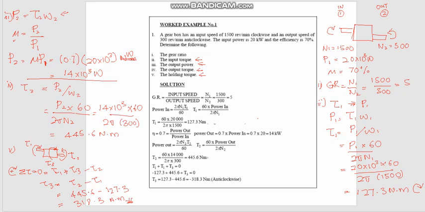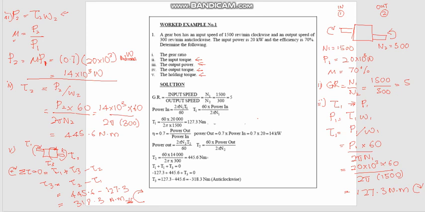So tau 3 is 318.3 Newton meter, and since this is positive, it indicates that the assumption we made, that tau 3 is clockwise, is correct.